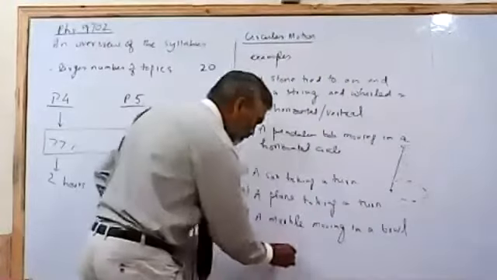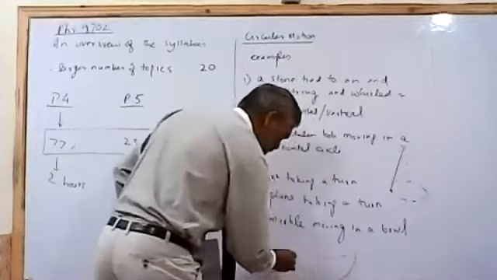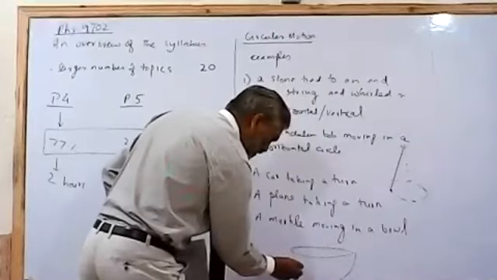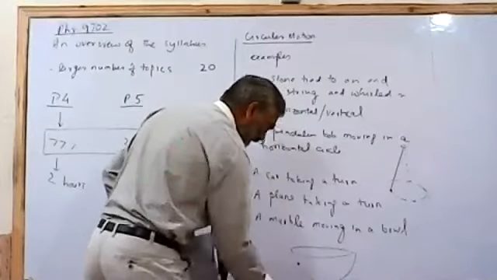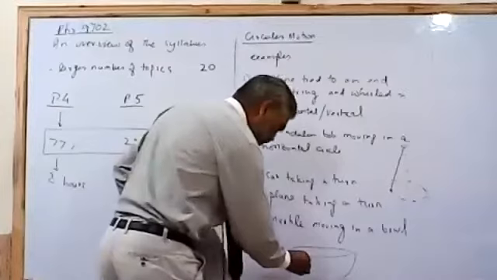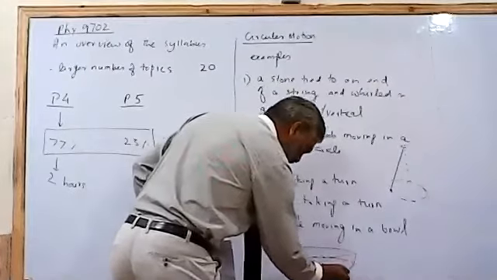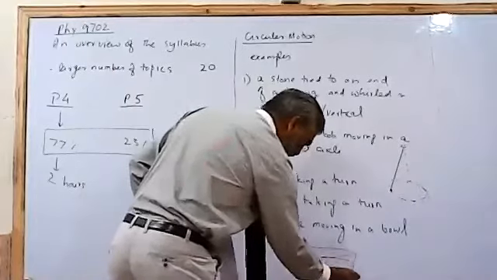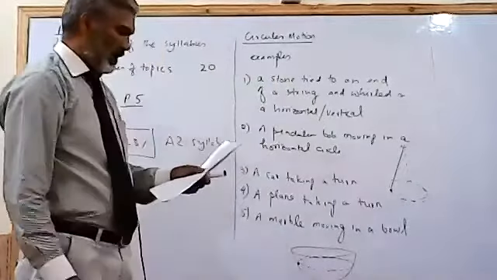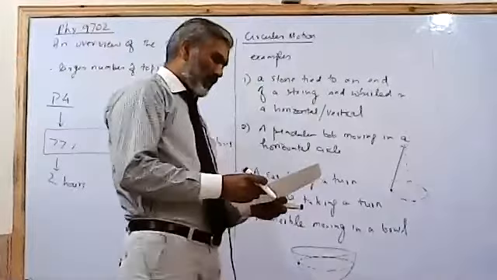For example, if we have a bowl like this and there is a marble initially in contact with one side of it, you push it away from you, it starts moving in the bowl in this manner. So this is again a circular motion that we'll study.